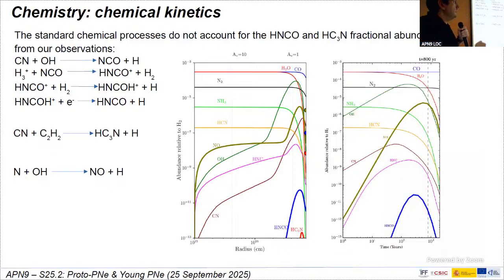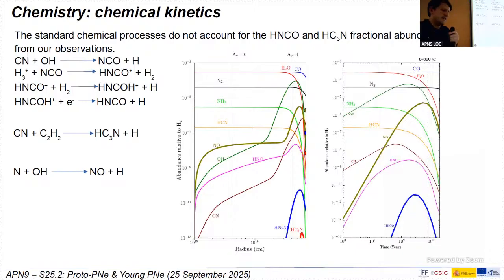Here you can see abundance relative to molecular hydrogen versus distance, which are results from model A. If you're seeing it against time, you're seeing model B, the model of the wall of the outflow. And then for nitric oxide, as I was saying, this one is well reproduced, probably in the outer parts of the AGB CSE, and this is because of the reaction between photodissociation products of molecular nitrogen and OH, as a main product of photodissociation of water.